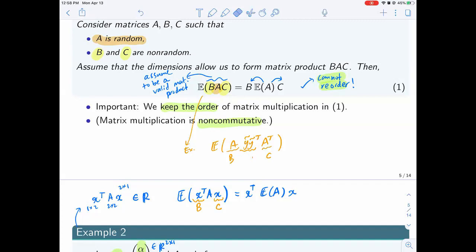Then you can see B and C come out, and then you get the result. The notation is a little bit different here, but you get the idea. Okay, sounds good.